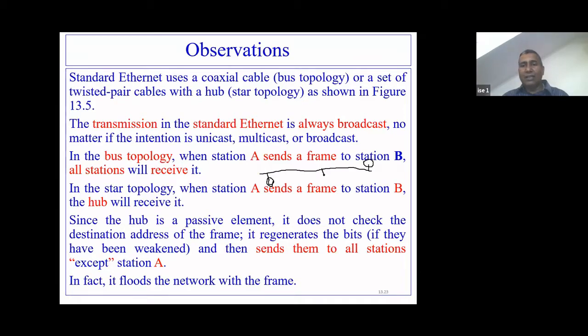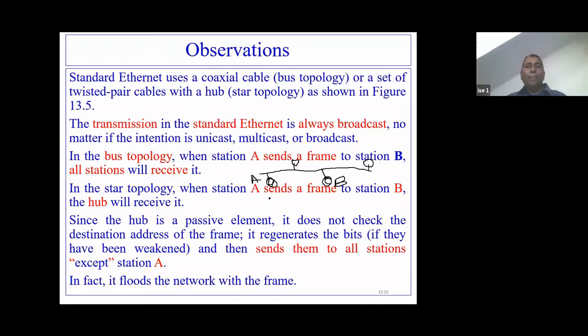Several systems will be connected here. The single bus will be there to which different hosts are connected. So suppose this is the sending host A, and this is receiving host B.